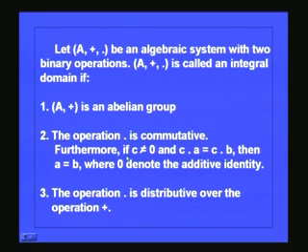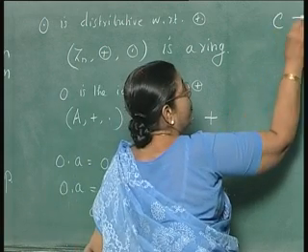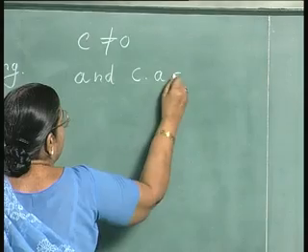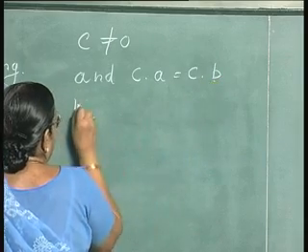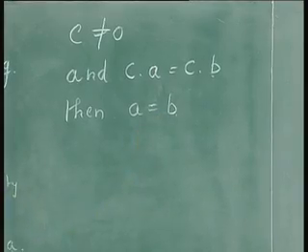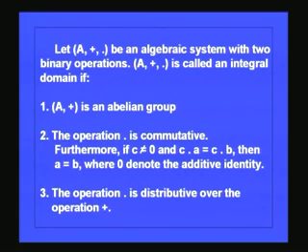Furthermore, if C is not equal to 0 and C dot A is equal to C dot B, then A is equal to B. Left cancellation you are allowing. 0 is the additive identity. The operation dot is distributive over the operation plus. That is the third condition.